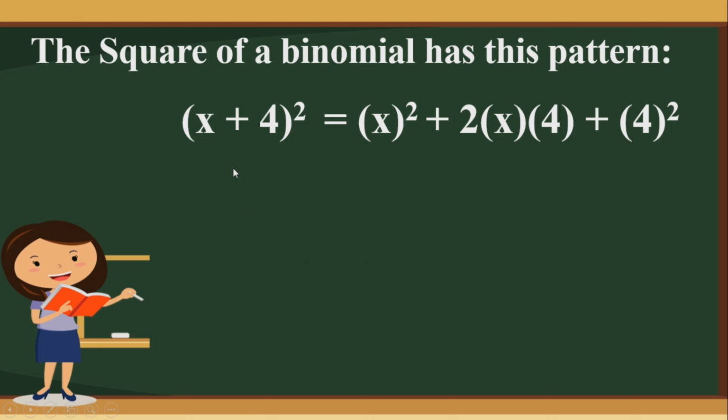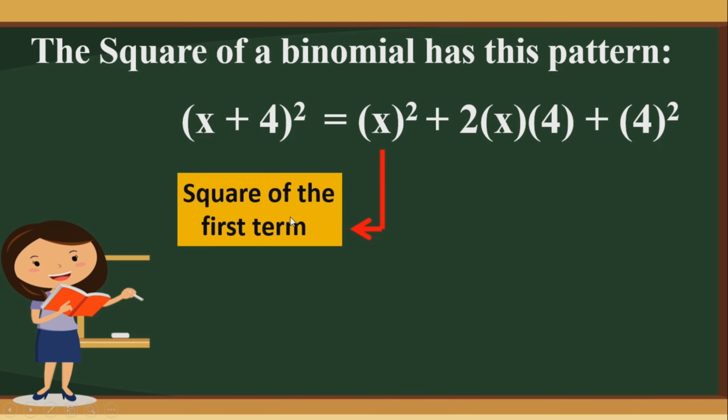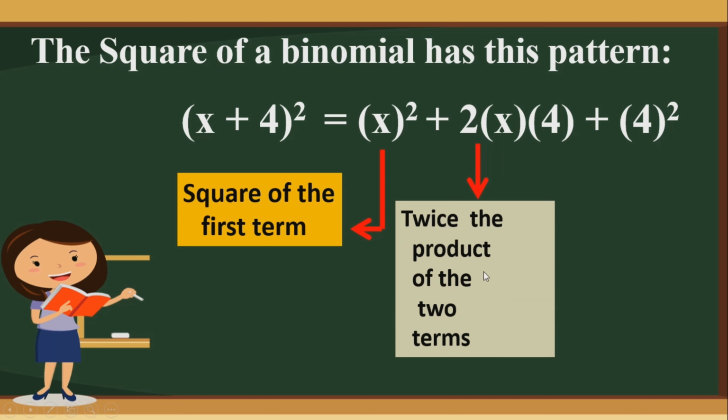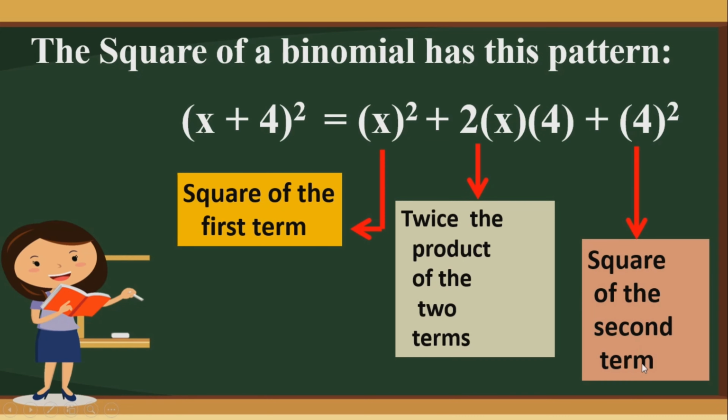So, given the quantity x plus 4 squared, square of the first term, that is x squared, twice the product of the two terms, that is 2 times the first term x and the second term 4, so 2 times x times 4, plus the square of the second term.